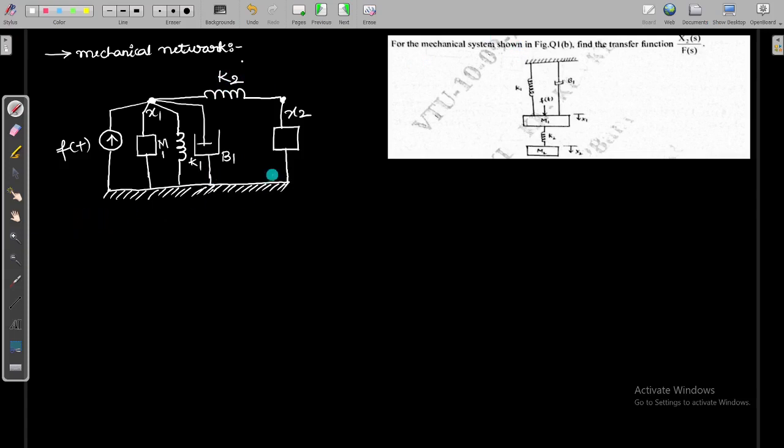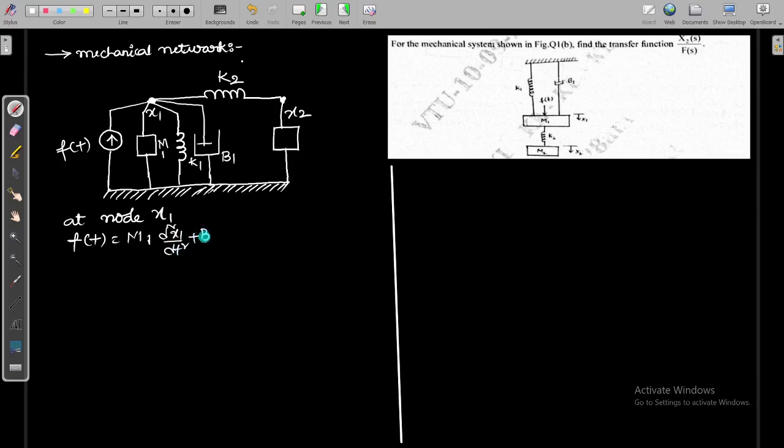First we will write the equation at node x1. At node x1, f(t) will be there, and we write the mechanical equation: m1 d²x1/dt² plus b1 dx1/dt plus k1 x1.